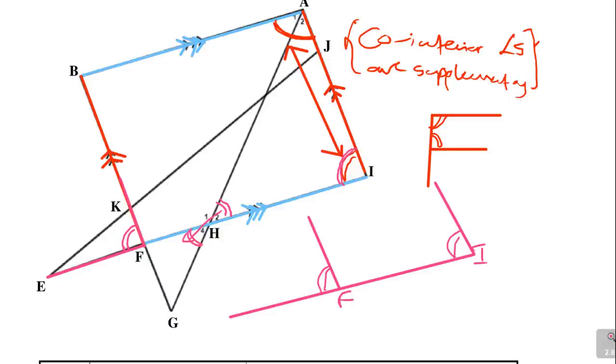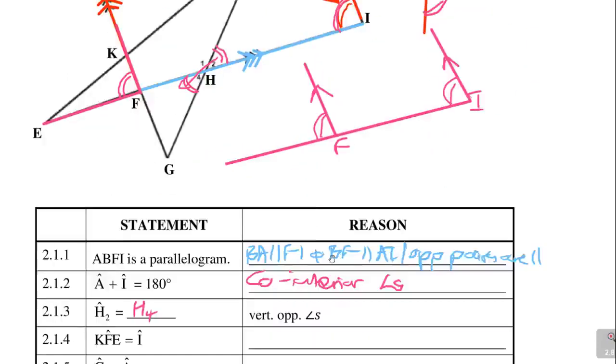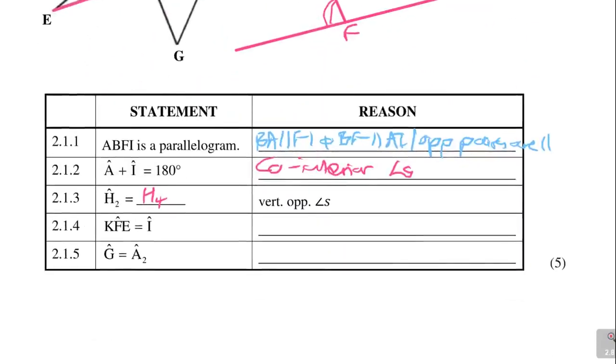So if I take you back to the F diagram here, you now know this particular angle is equal to that angle. We call them what? Corresponding angles. They are on the same side. Remember the parallel lines, this is parallel to that, so we call them corresponding angles here.